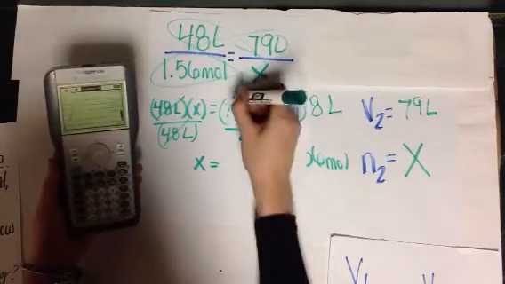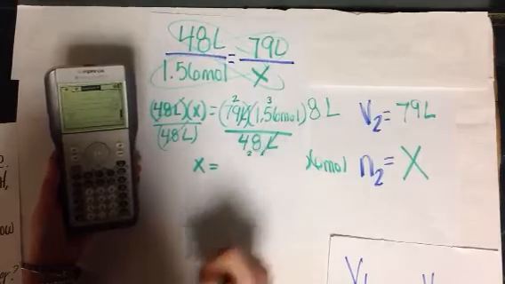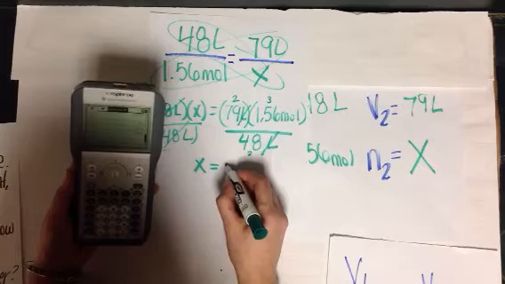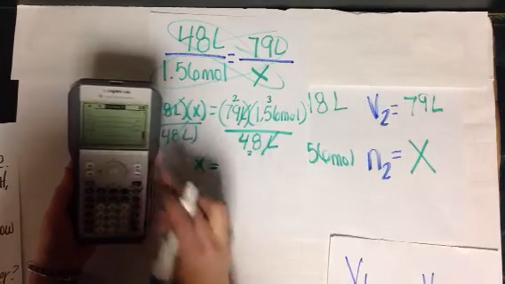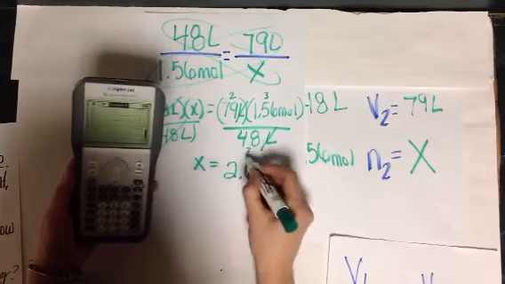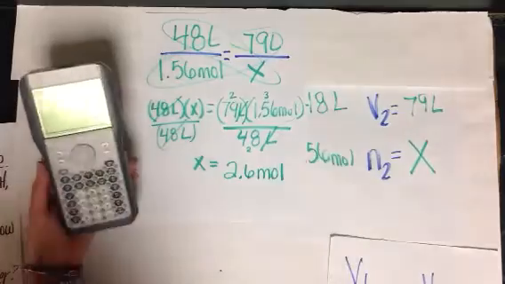Let's see, 2 sig figs here, 3 sig figs here, 2 here. 2 sig figs are the least. When you multiply and divide, you go with the least counted. So I get 2.567, which rounds to 2.6 moles of oxygen with 2 sig figs.